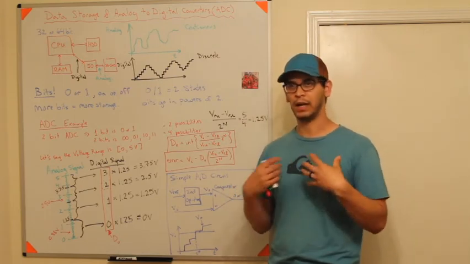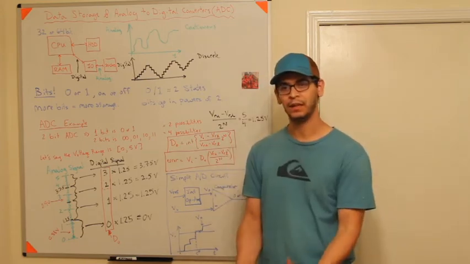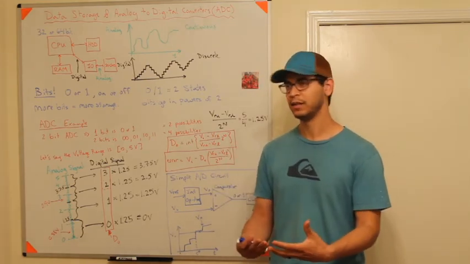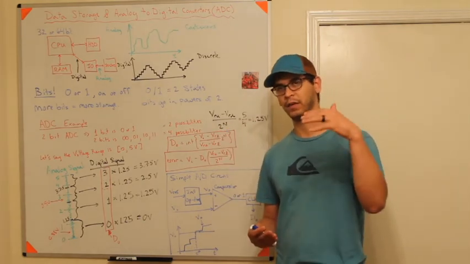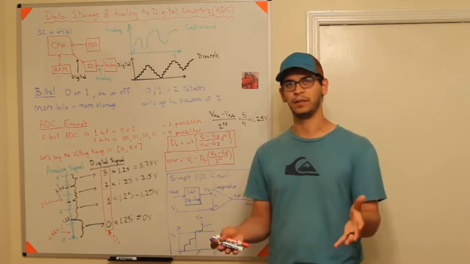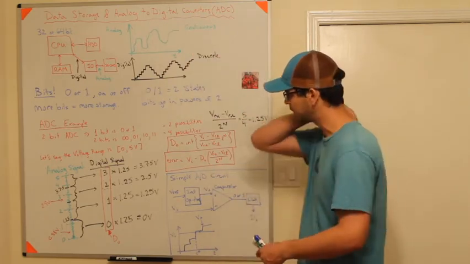Me personally, I don't really care because I'm not building an ADC. I just want to make sure I understand it. So if you plug this in Python and the integer function rounds down or rounds up or truncates, it really doesn't matter. For higher order ADCs, you're really just in the noise, in my opinion.